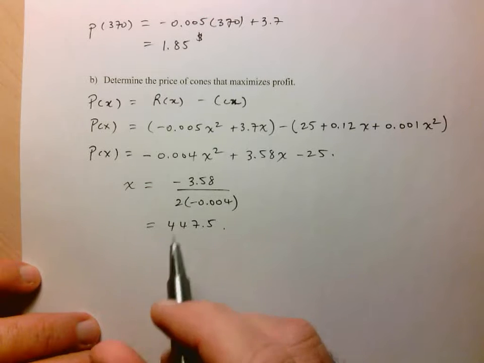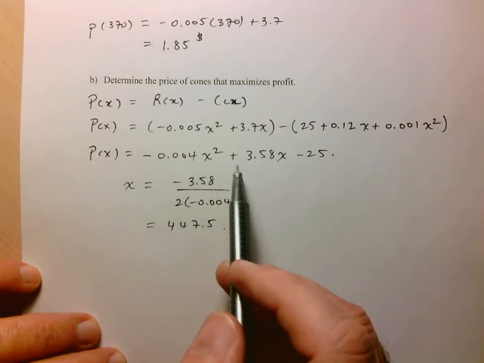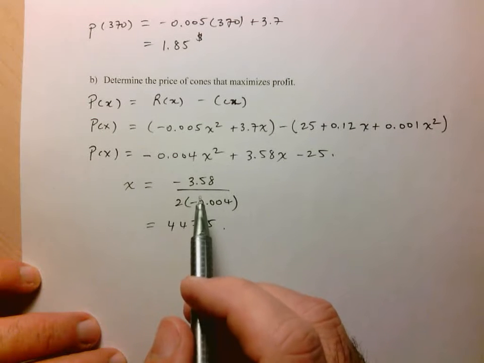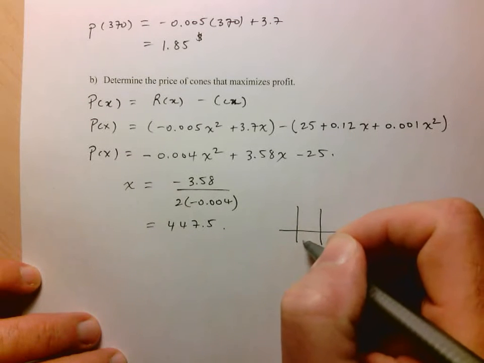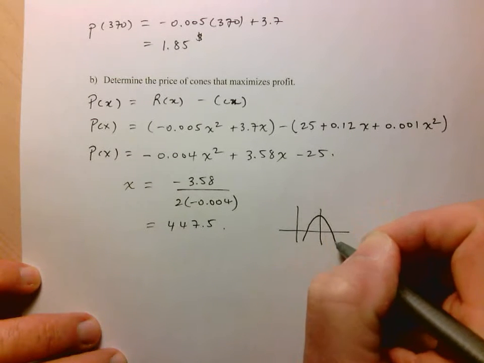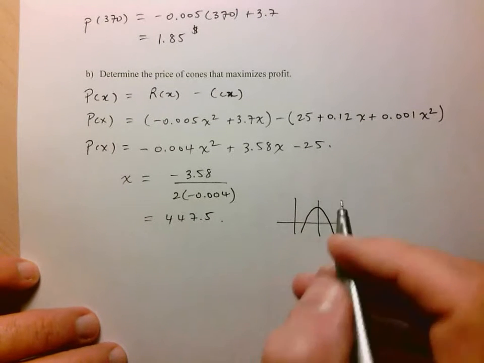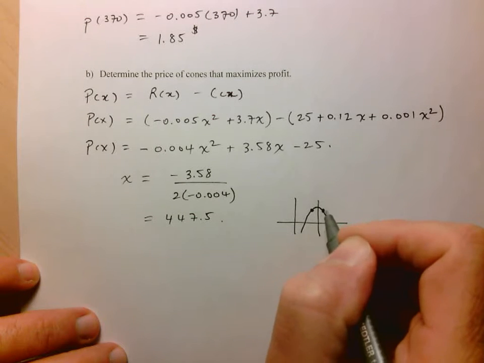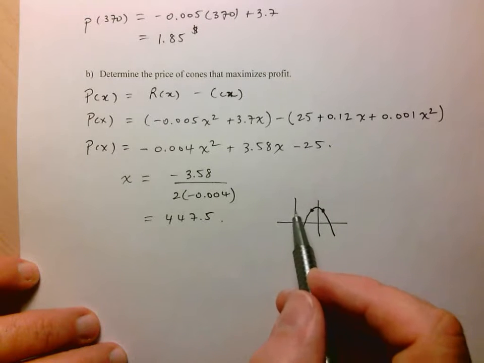Now this is a bit of a special example because the profit function is quadratic, and we know that a quadratic function is symmetrical about its axis of symmetry. So two points an equal distance on either side of the maximum will give us the same y value.